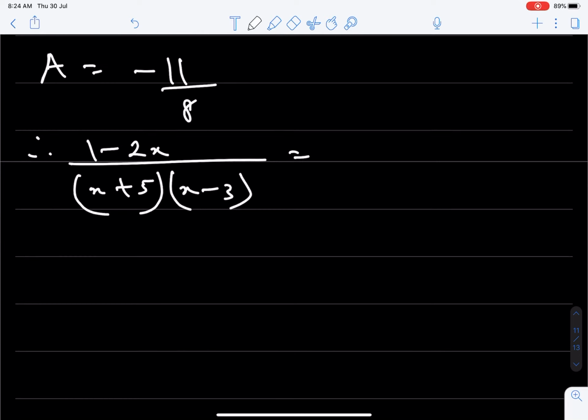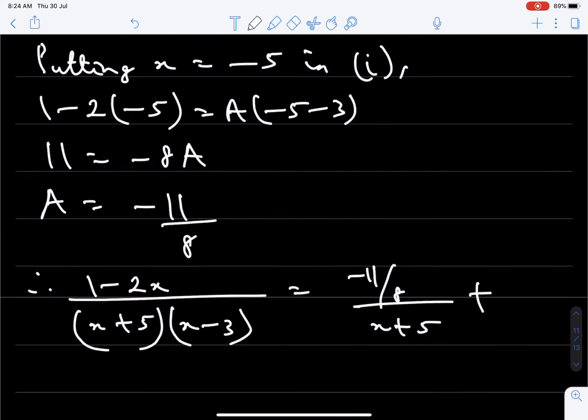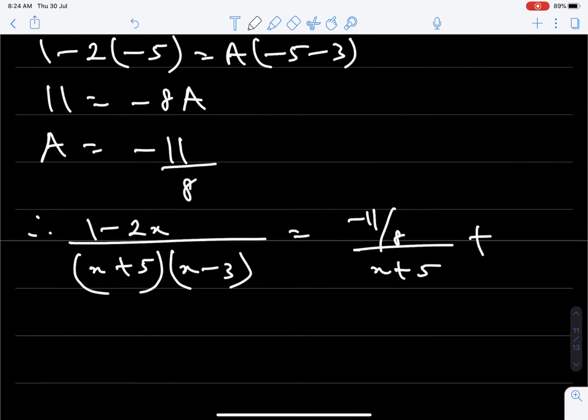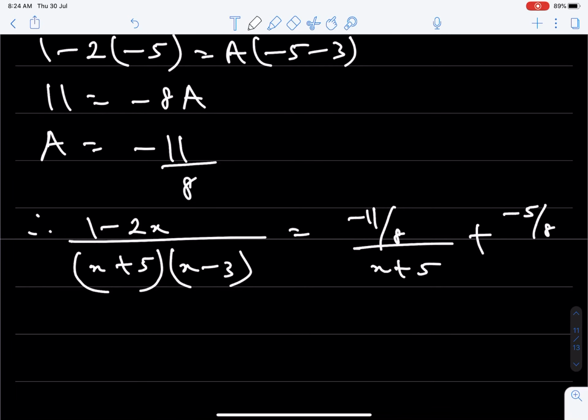That's supposed to be a over x plus 5, so maybe I should write it the way I wrote it the first time, minus 11 all over 8 divided by x plus 5 plus b, which is minus 5 over 8 divided by x minus 3.